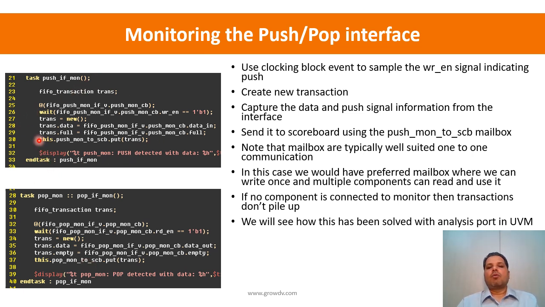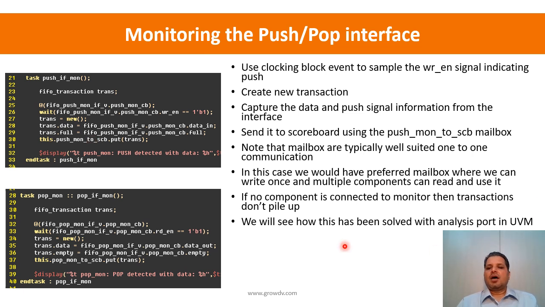Also, what we would have preferred was that the monitor transactions be put into a communication channel, and from that channel multiple components could snoop information from it. Like we could have a scoreboard or a coverage monitor, all of them consuming the information from the same port, but that type of built-in data type doesn't exist within SystemVerilog.